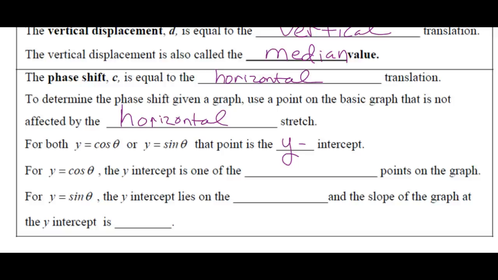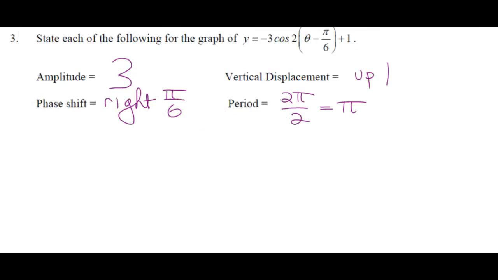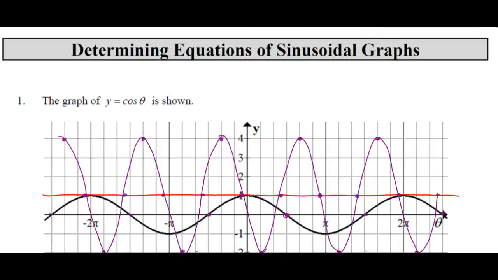That point doesn't move under a horizontal stretch, so the only thing that moves that point is left-right, which is the phase shift. Up-down is the vertical displacement. And we can see that on our original graph. So the y-intercept, which was at 1, is not affected by the horizontal stretch. It's only affected by going right. It is affected by the vertical stretch to 3, to negative 3, and then right, and then up.